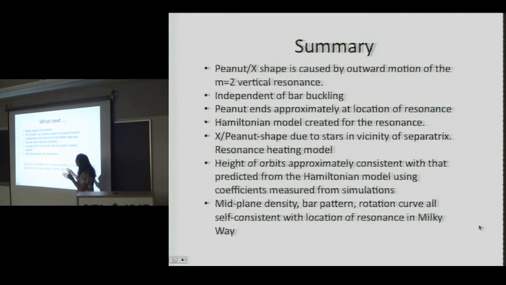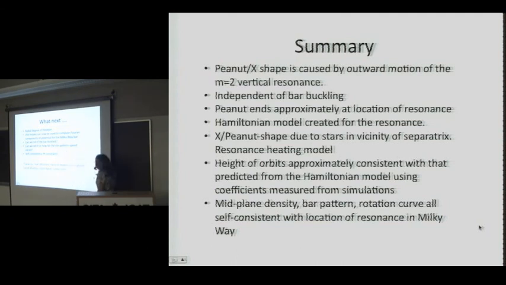I couldn't figure out a way to tell if the bar buckled. I looked for evidence of bar buckling in the distributions from the previous episodes, but I couldn't do that because it doesn't wind up being in phase with the bar again. But maybe there's a different way to do that.